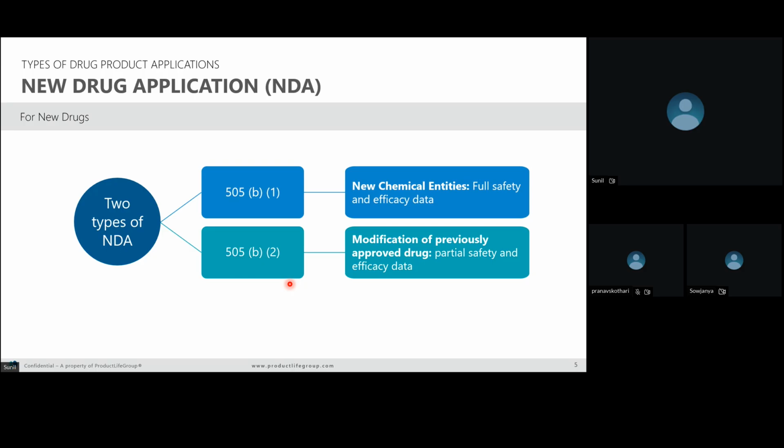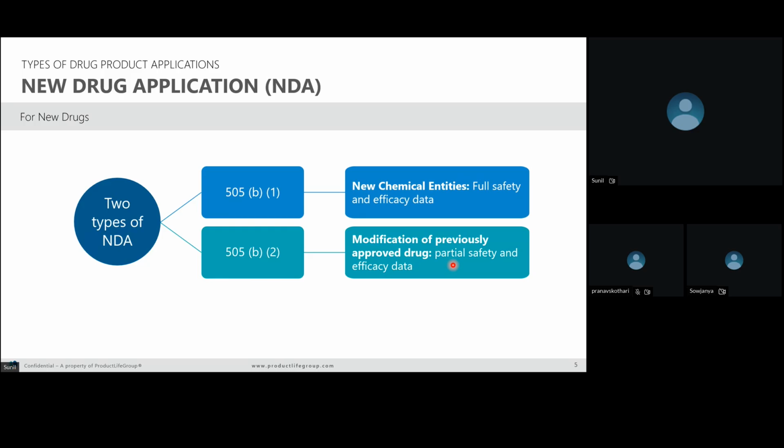Suppose rosuvastatin tablet was by the oral route in 2031, and in 2035 the innovator thought that this can be administered as a suppository by the rectal route. Then also the route of administration changed, although it's a tablet only. Then also it will not be a generic, it will be a 505(b)(2) application.